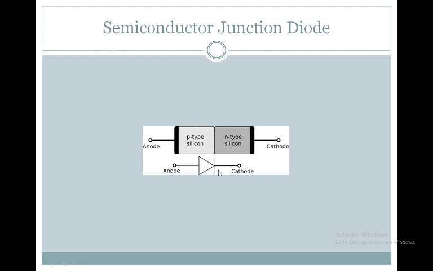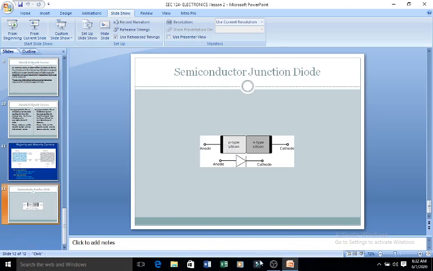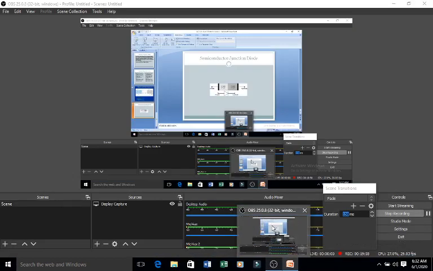So we'll dwell more on this as a whole. But we should know the circuit symbol for this, and we should know the terminal which is the anode and the terminal which is the cathode. So next class we will dwell more on this particular material that we call the diode.